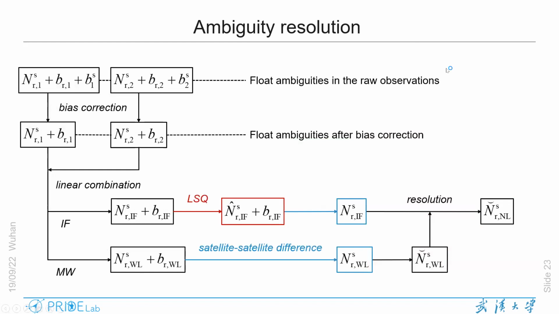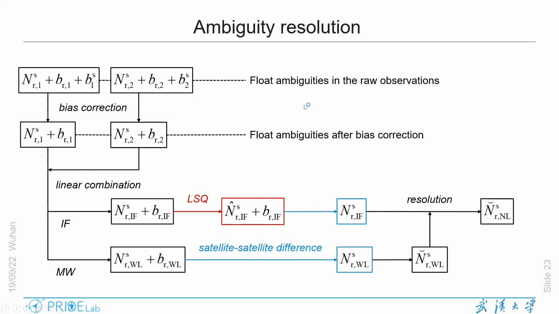There is an illustration about how ambiguities are organized and how they are finally resolved. The ambiguities are denoted as N here, and the biases are denoted as B. The subscript R and the superscript S represent the receiver and the satellite respectively. Most of these procedures are accomplished in the LSQ, and only the final resolution is performed in the RC.